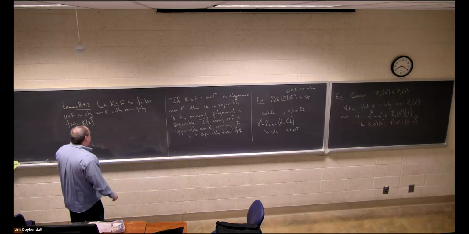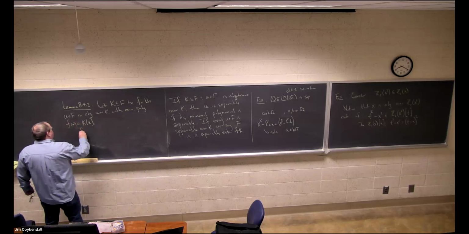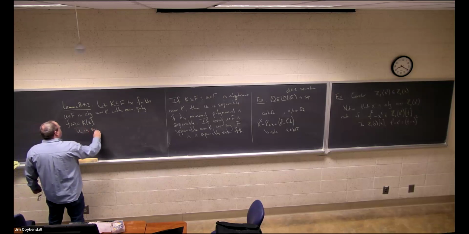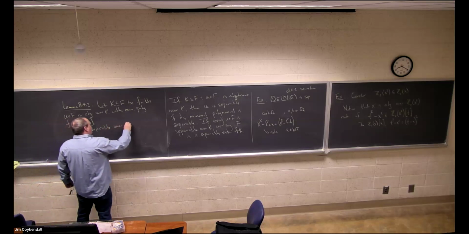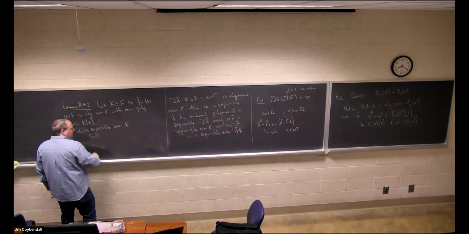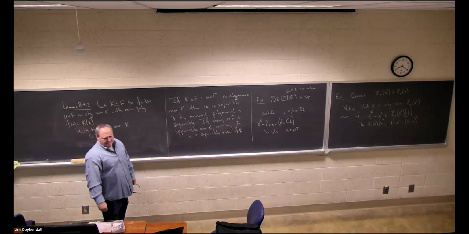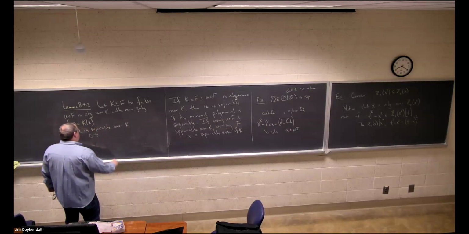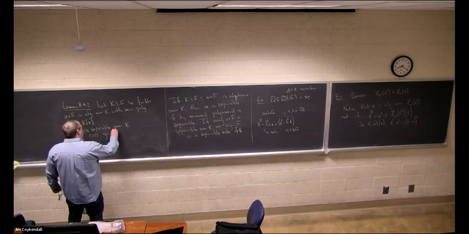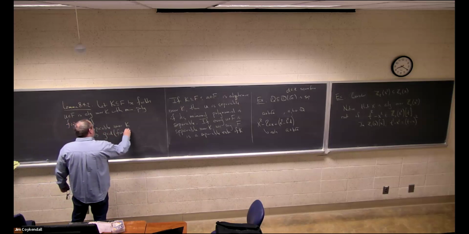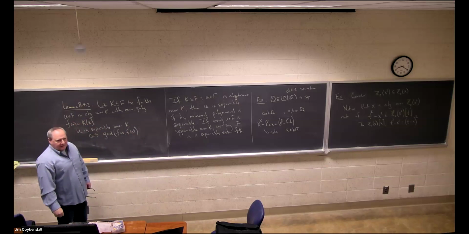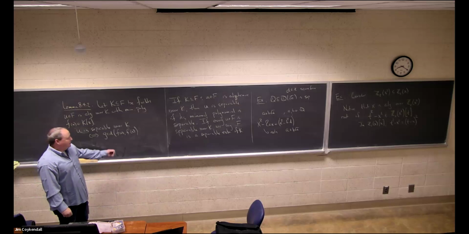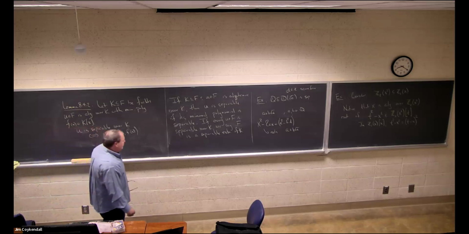Then U is separable if and only if the greatest common divisor of f of x and f prime of x is equal to 1. And yes, I do mean f prime of x, the formal derivative.